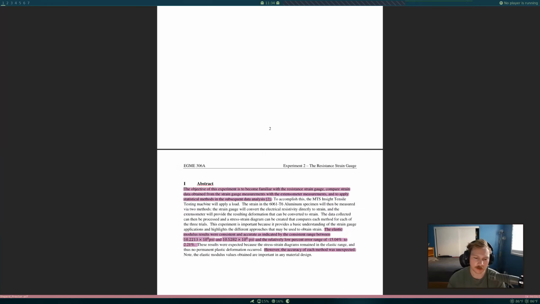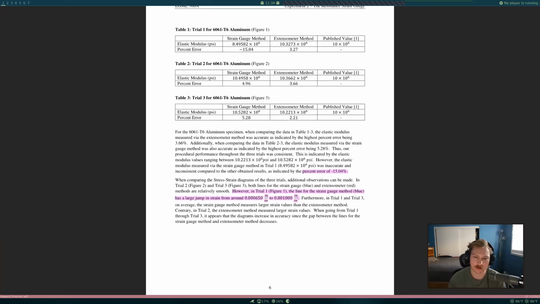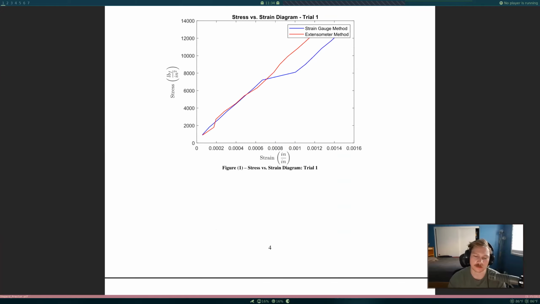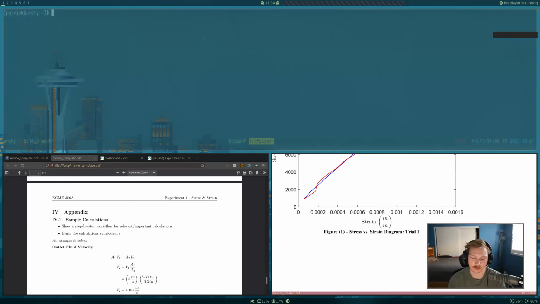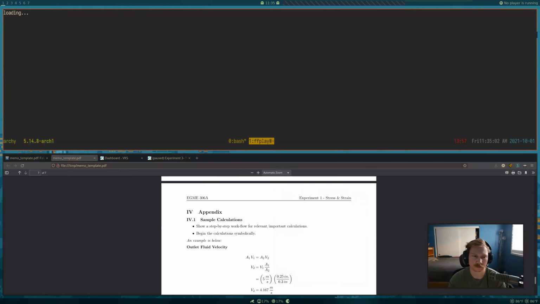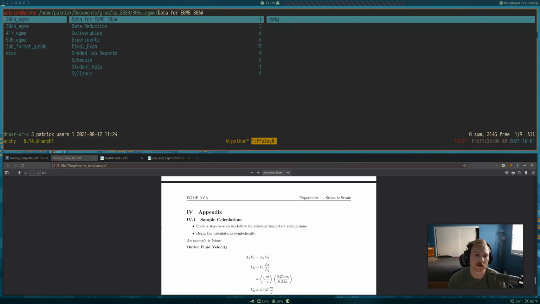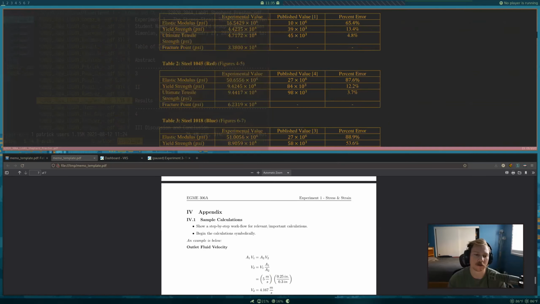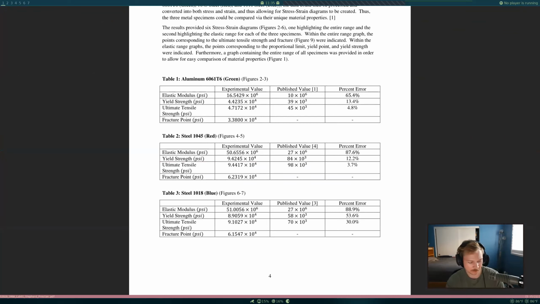All right, so if you look at this past student's memo, did I go to the right one? Okay, there we go. So if you look at this student's memo, we're looking here at the results section. They have their elastic modulus, the yield strength, tensile strength, and they also have the fracture point.